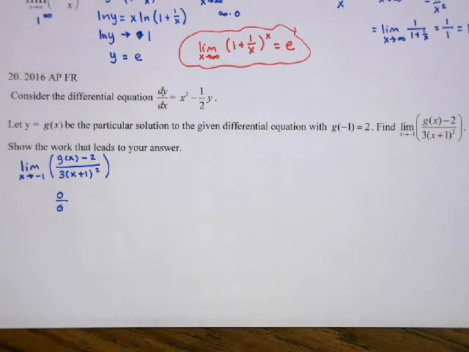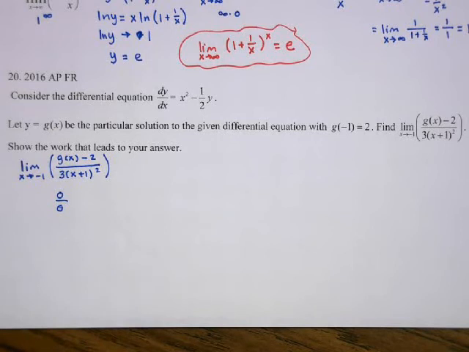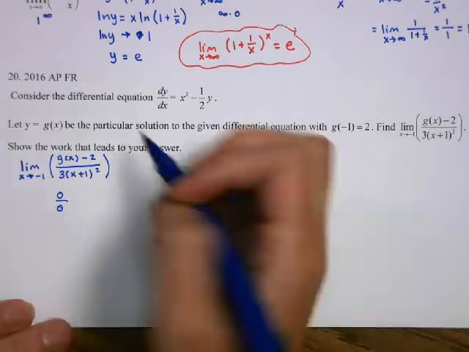On the AP test, according to Mrs. Thurkel, this year when they graded it, if you didn't state that this was 0 over 0, you didn't get the credit for the question. So you have to show that it's 0 over 0, so you know you can use L'Hopital's rule.